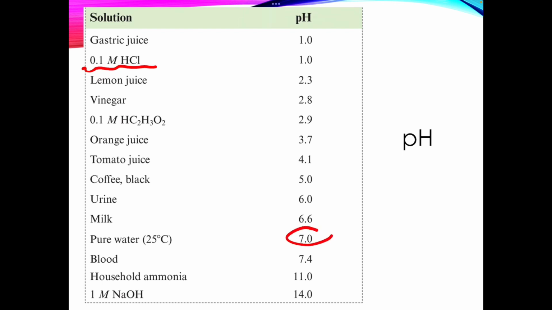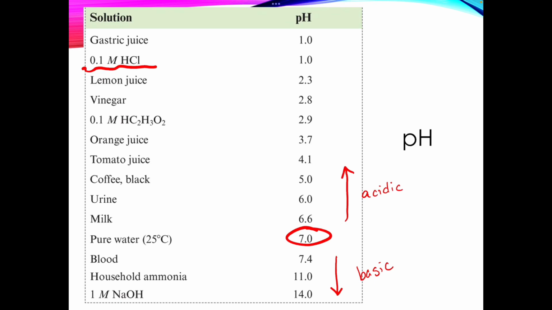You'll see our pure water here is at 7.0. So anything that's this way is all acidic, right? Because it has a lower pH than 7. Anything that's down here would be basic. Your blood is actually very slightly basic, which is kind of interesting. It's a buffer solution, which you'll learn about more if you go on to higher levels of chemistry.